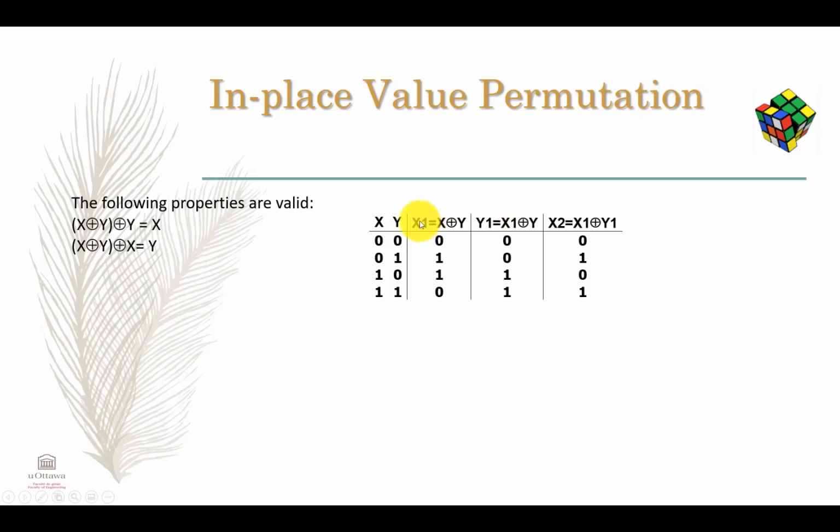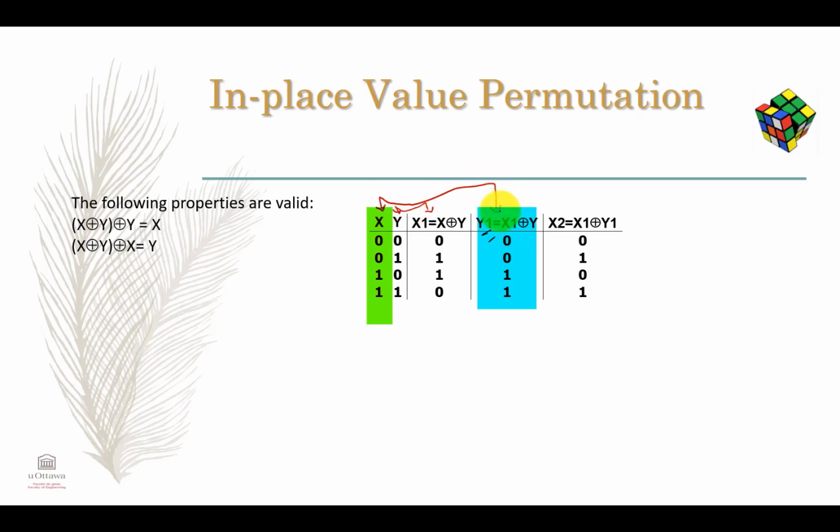So what I have to do is XOR x1 with y first and see if I'm gonna get something equal to what? To x. So look at this. What will happen here at y1? As you can see, I'm getting 0, 1, 0, 1. So that is equal to x.